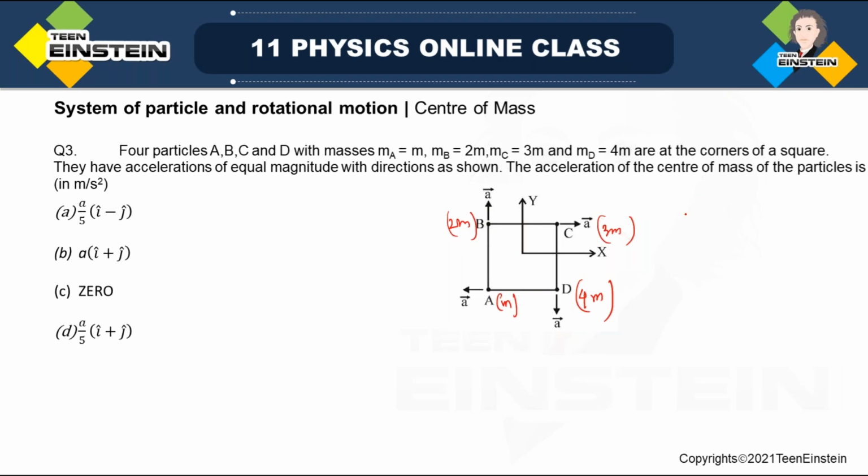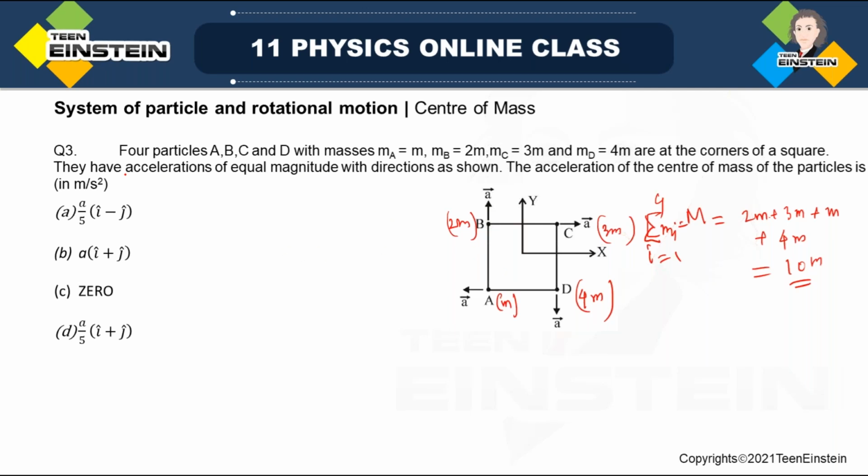So the total mass of all the particles will be 2m plus 3m plus m plus 4m. So this is 5, 5, 6, so this will be 10m. Okay, the whole mass of all the particles is the summation of the masses, I can take the summation with i going from 1 to 4.